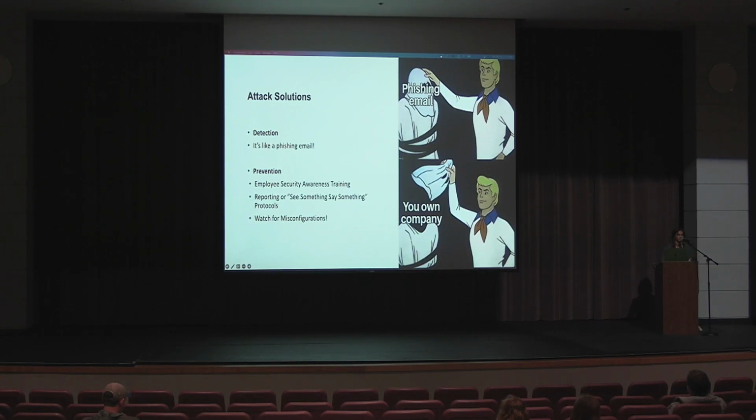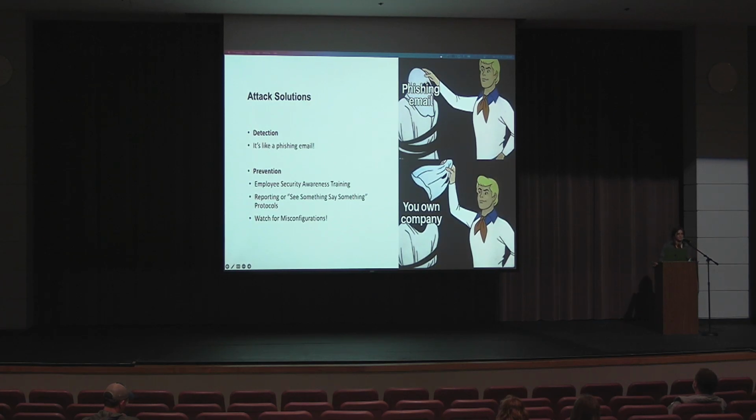A lot of employees don't think of phishing inside Teams because it seems like a very enclosed environment that's difficult for it to happen, but it can still occur, as you see from this engagement. Also implementing a reporting or say something protocol. So if an employee sees something that's suspicious looking, how would they report that directly to the security team in a way that the instance is fixed in a very quick and efficient way.